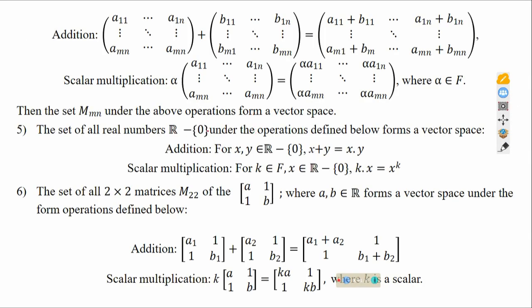So we need to show that this forms a vector space under the addition and scalar multiplication defined here. So let us see whether this space satisfies the 10 conditions for a vector space.